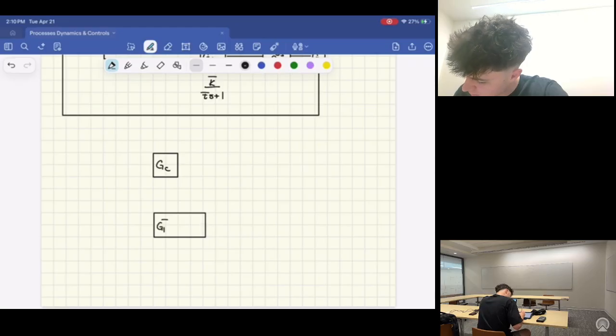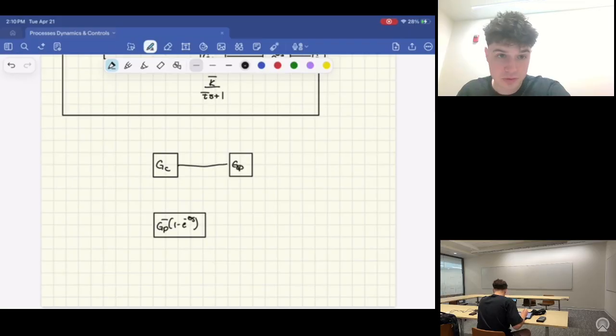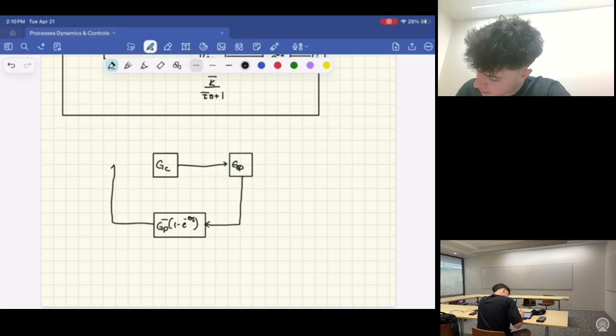This is going to be GP times parentheses 1 minus e to the negative theta s. And these will not be connected. And then this GC box will be going into a GP box, so connect those with an arrow. This will go down and through with an arrow going this way and back up.